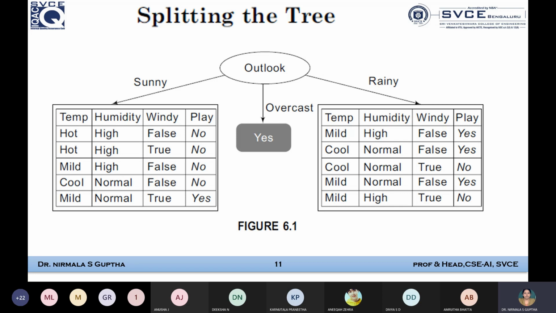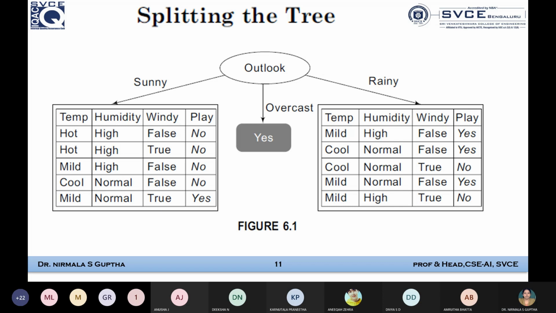You need to have the data set in front of you. Otherwise, you will wonder why this yes, why this no, why this false, why this true. It is just a copy paste of the instances of sunny and instances of rainy. Because we had 5 sunny instances, 5 rainy instances. Are you remembering?